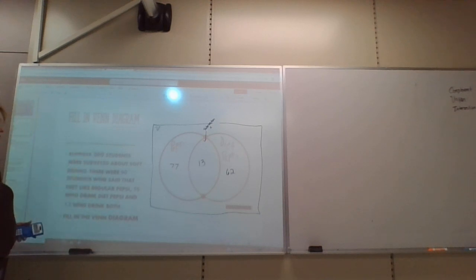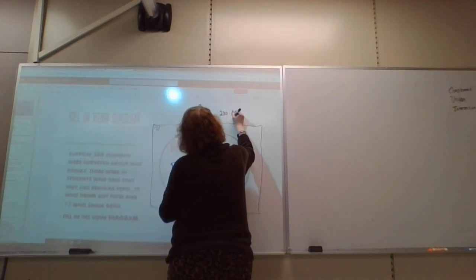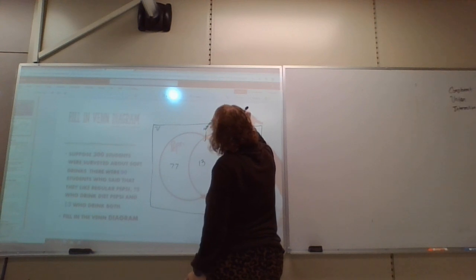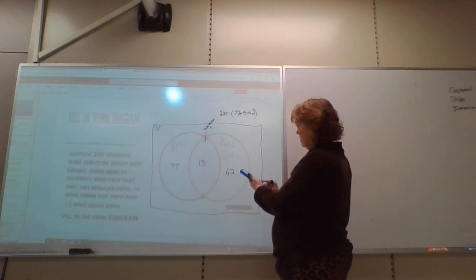Now, there were 200 surveyed, so to find out what's in the universe, there could be people out there at the college who don't like to drink Pepsi or Diet Pepsi. Like me, I like tea or flavored water, which is not Pepsi or Diet Pepsi. So you take your 200 minus 77 plus 13 plus 62.